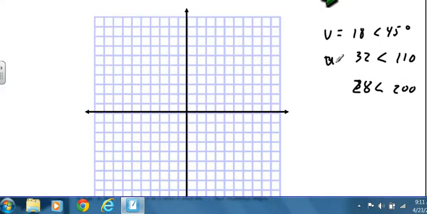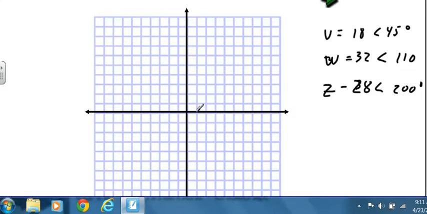All right, so V, W, Z. I've got my vectors. I'm going to go that way, then go this way, and then go that way.